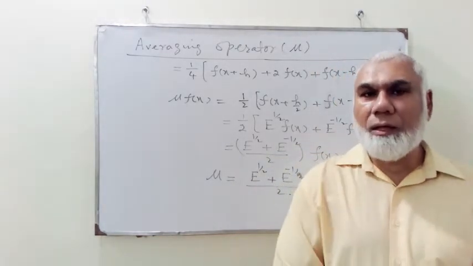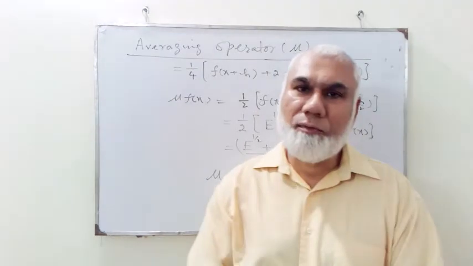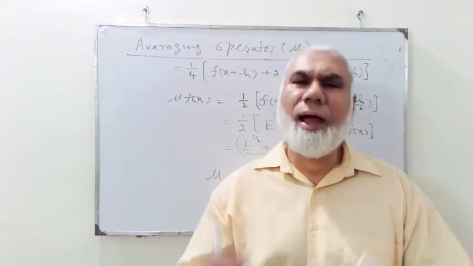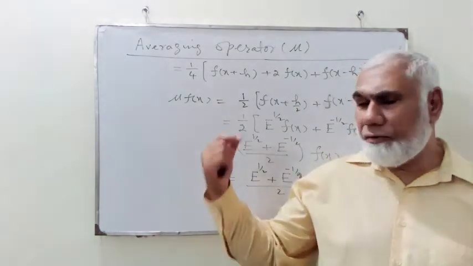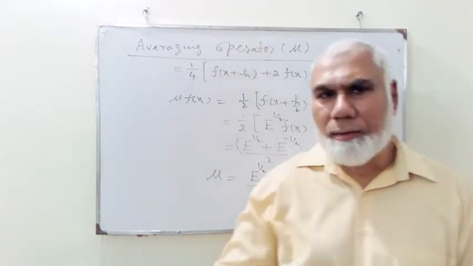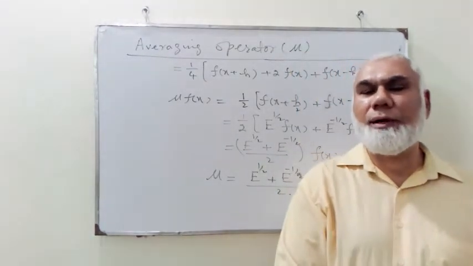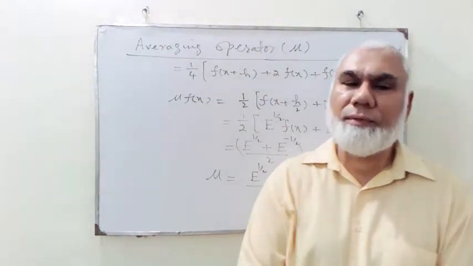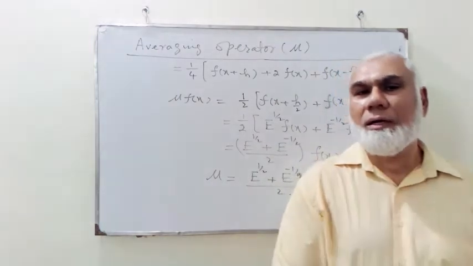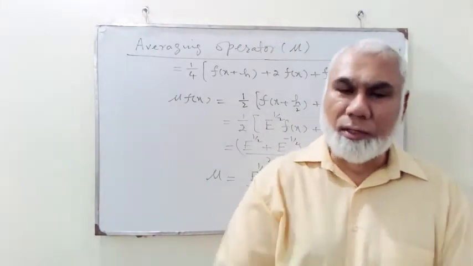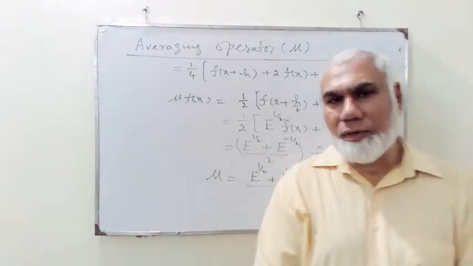The answer is yes, we can create a relation of any operator with any other operator. This is just a demonstration of how the operator works and how we create a relation with the shift operator. If all the operators can be linked with the shift operator, then all can be linked with each other, but the format will of course be different.